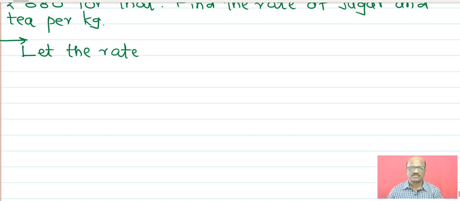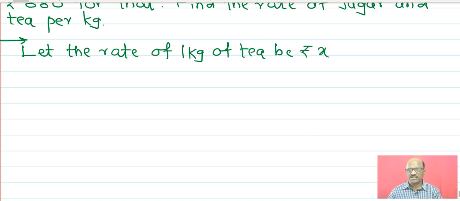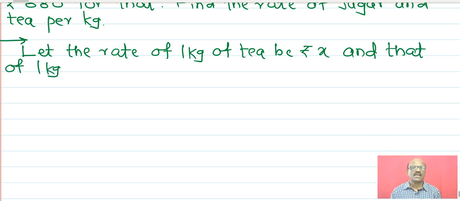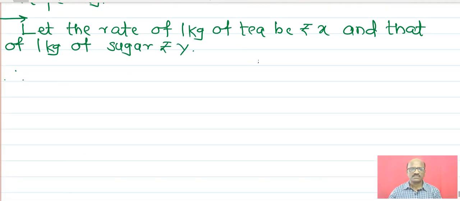Now, finally we have to consider the sentence properly. Let the rate of 1 kg of the tea be rupees x and that of 1 kg of sugar be rupees y.